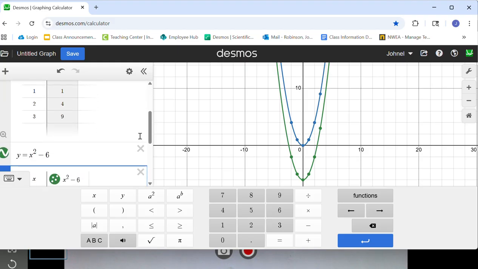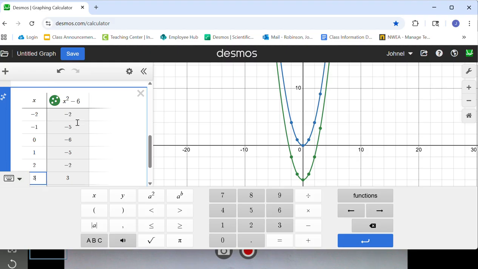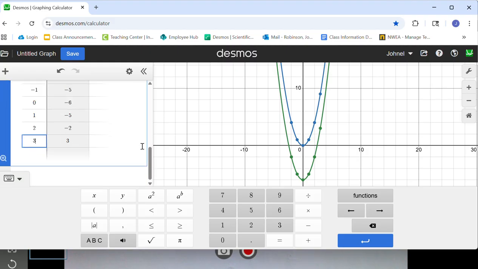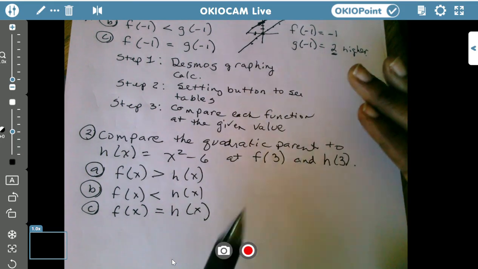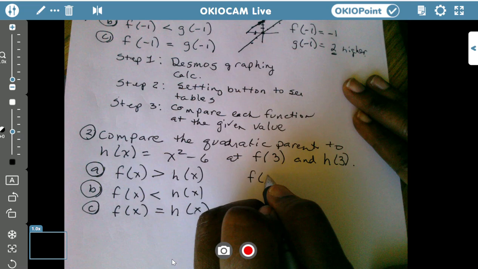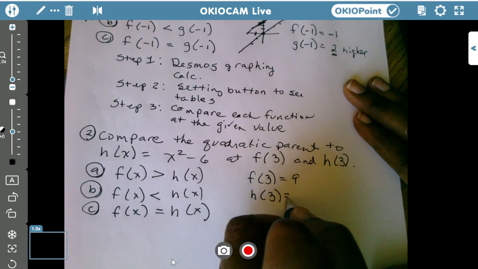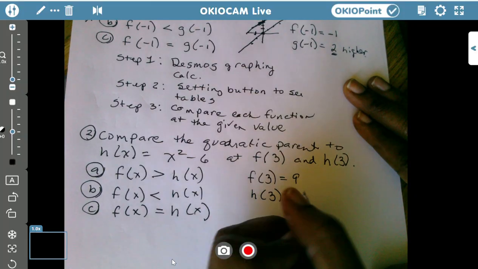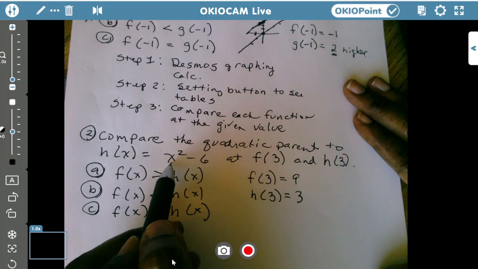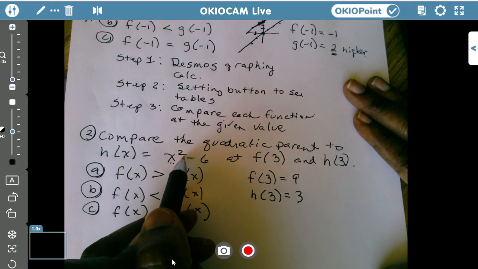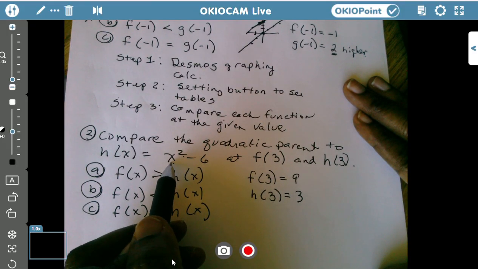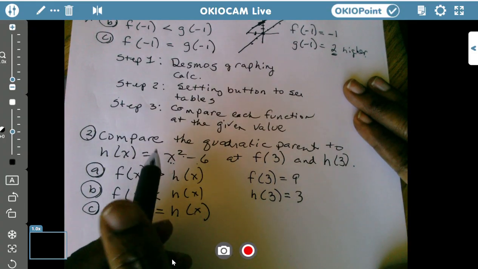Alright, on the first function, at 3 we get 9. On the second function, at 3 we get 3. So f of 3 is 9 and h of 3 is, I think I said 3. Let me check that. 3 squared is 9, 9 minus 6 is 3, yes.